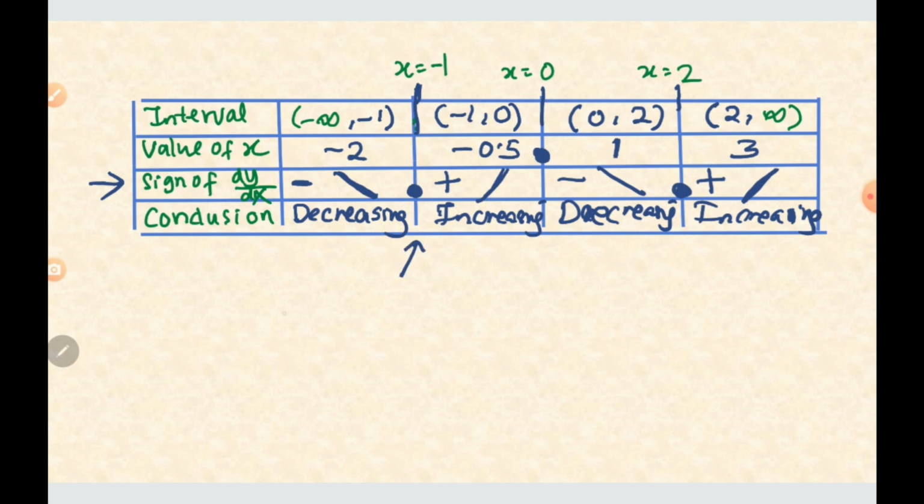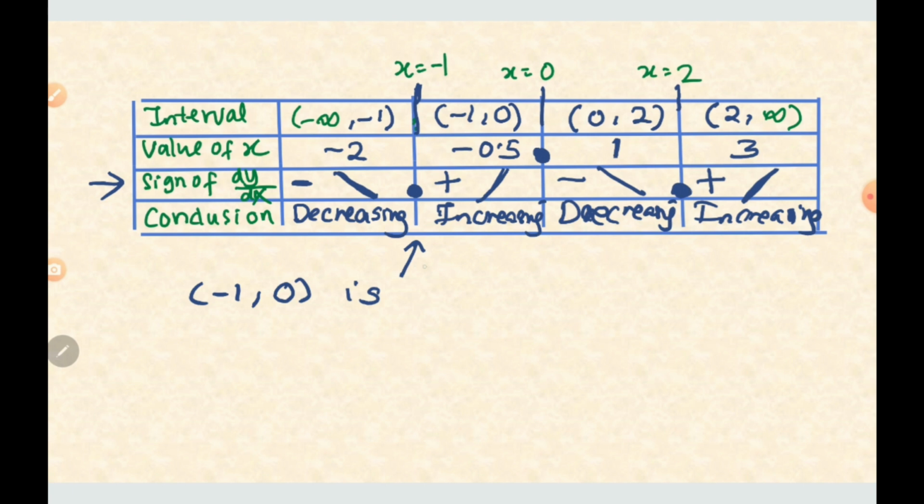The conclusion is this point here, that is x equals negative 1 and y is 0, is a minimum point. And we also have another minimum point, the point x equals 2 and y equals negative 27.